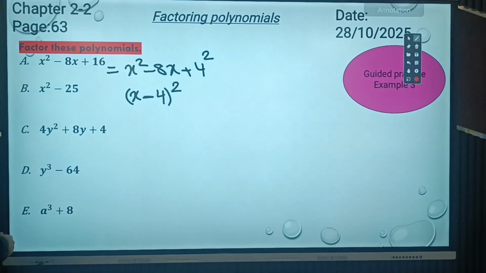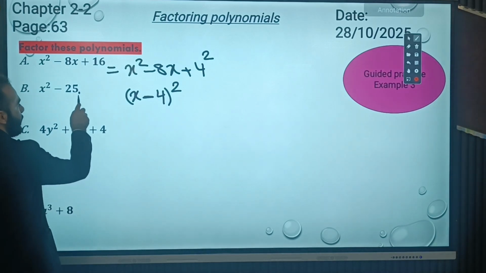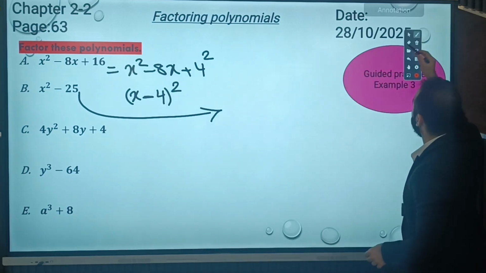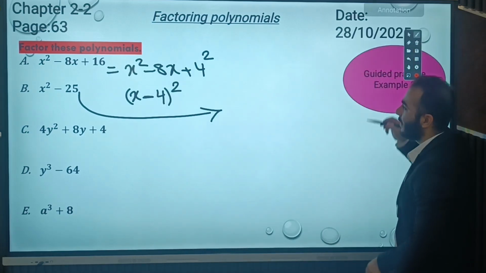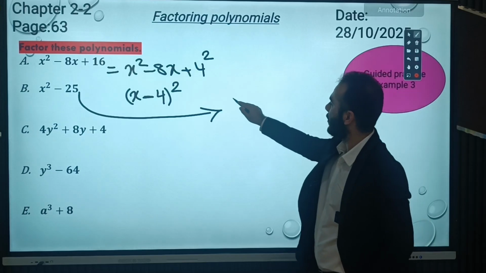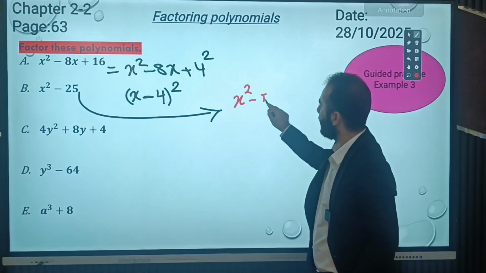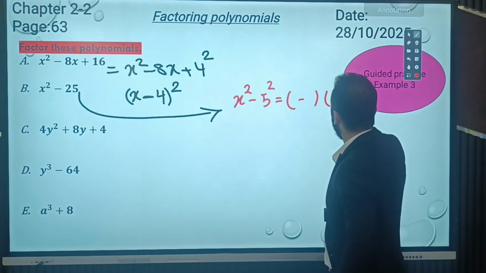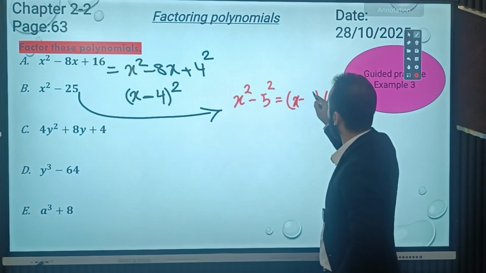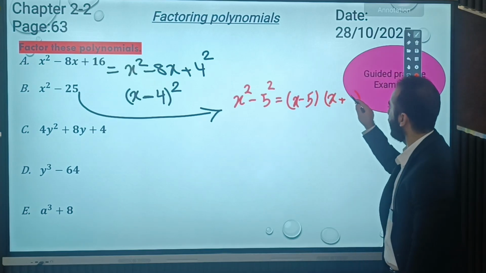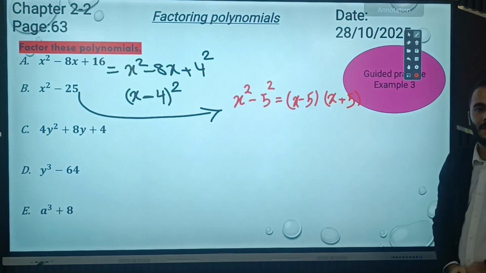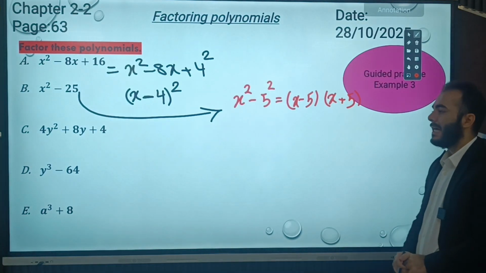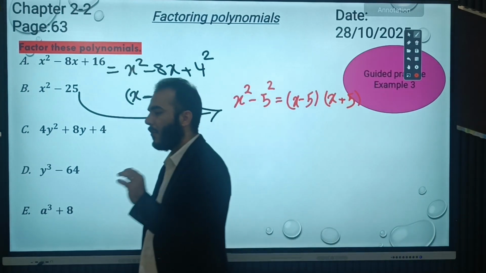Okay? So how about the next one? It's easy. It's the difference between two squares, it's equal to x squared minus 5 squared. So open two brackets, one with minus, one with plus. 1x for here, 1 5 for here, 1x for here, 1 5 for here. This is how you are going to factorize it by using the special identities. Perfect. In the next one, again, we have got 3 terms.